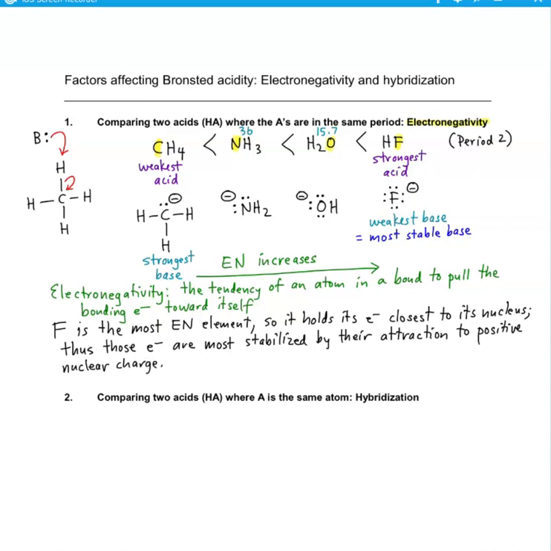So as you go across the period from right to left, the atoms become less electronegative. Therefore, as you go to the left, they're holding their electrons farther and farther away from the nucleus. So those electrons are less and less stable as you go from right to left across a period.